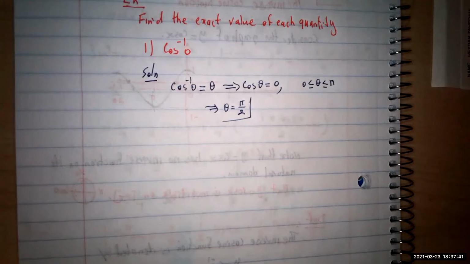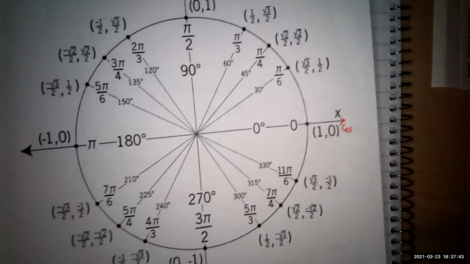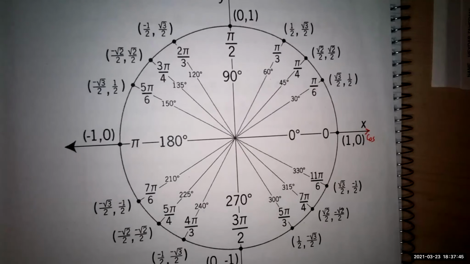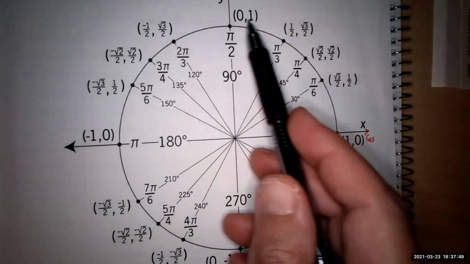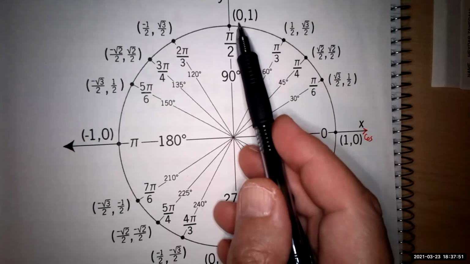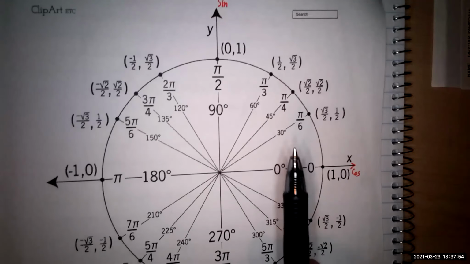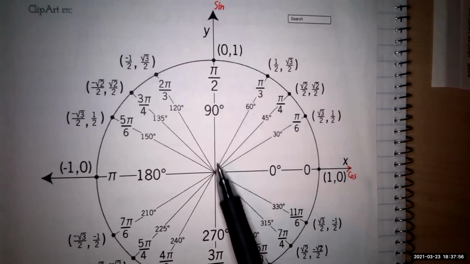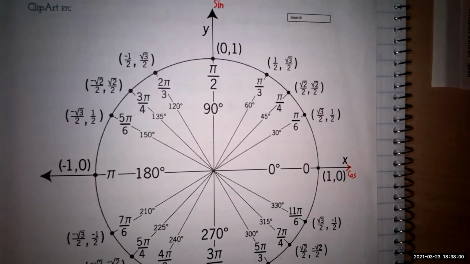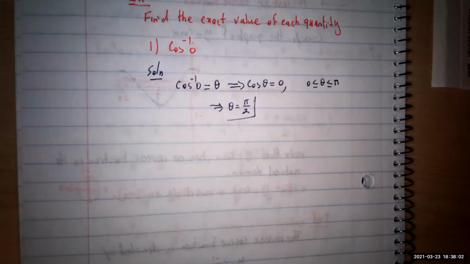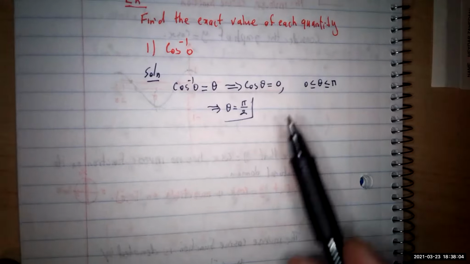The cosine is the first component. Between 0 and pi, the first component to be 0 is here, 0, 1 for the pi half. So the cosine of pi half is equal to 0.